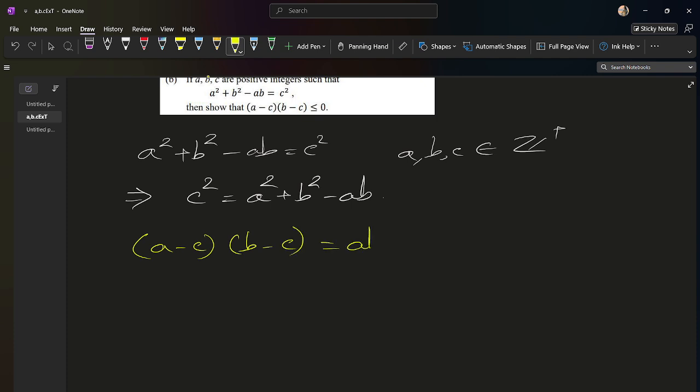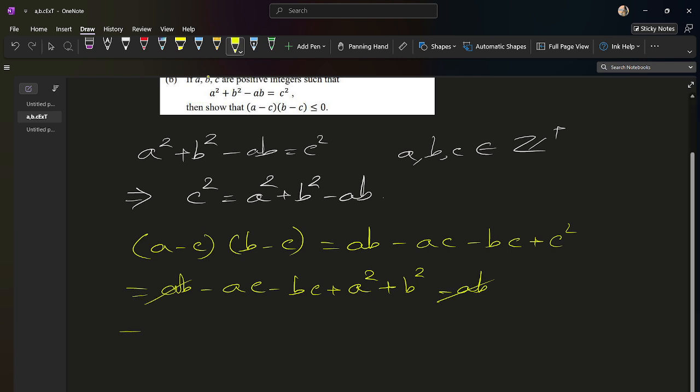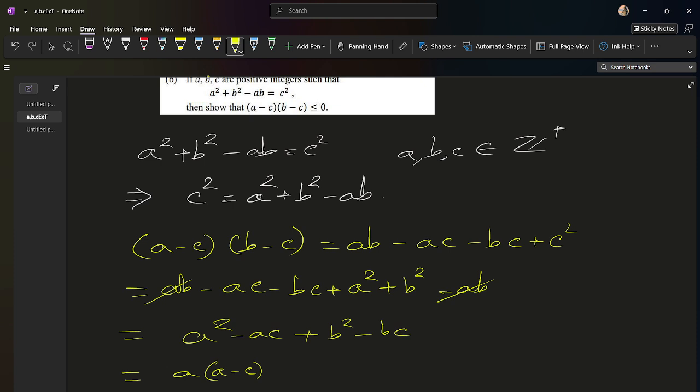That will be ab minus ac minus bc plus c square, which equals ab minus ac minus bc plus a square plus b square minus ab. Then ab and minus ab cancel out, so we get a square minus ac plus b square minus bc, I am just rearranging the given equation. If we take the common factor out, we get a into (a minus c) plus b into (b minus c).